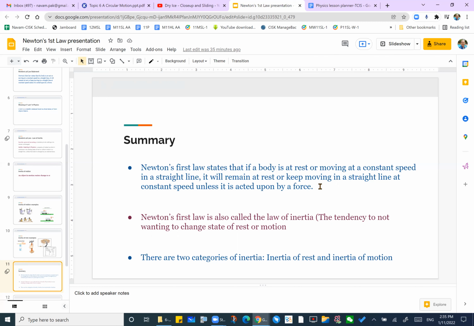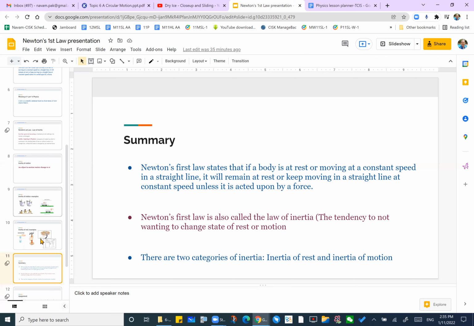If a body is at rest or moving at a constant speed in a straight line, it will remain at rest or keep moving in a straight line at constant speed unless it is acted upon by a force. Okay. Newton's first law is also called the law of inertia, the tendency not to want to change state of rest or motion. And then there are two categories of inertia: inertia of rest and inertia of motion.